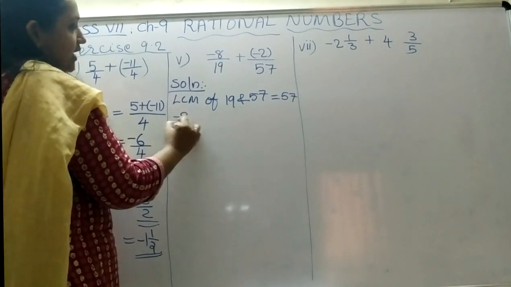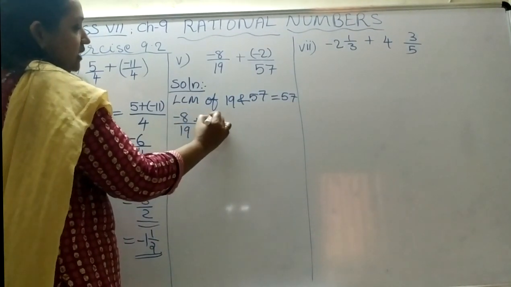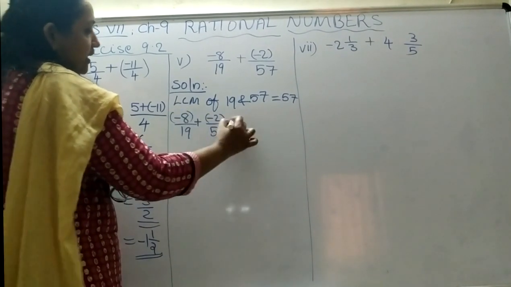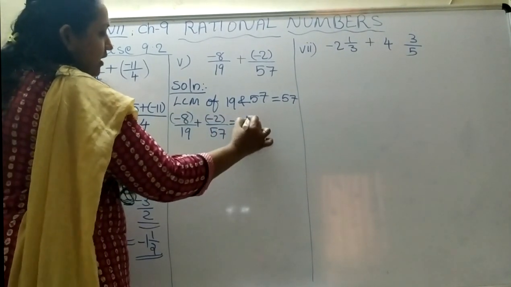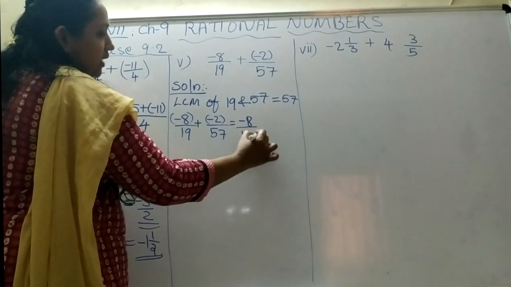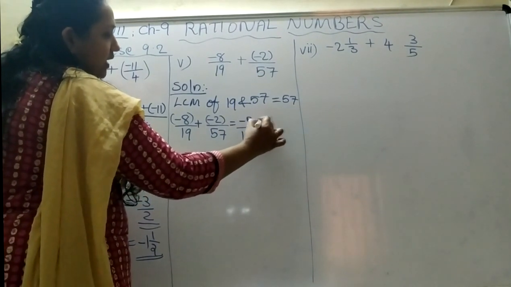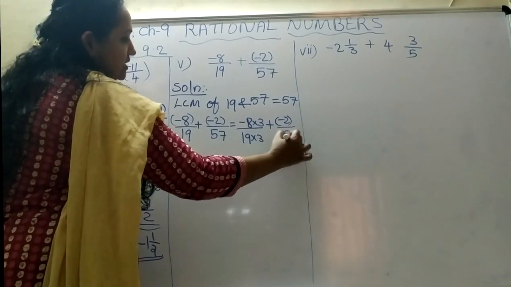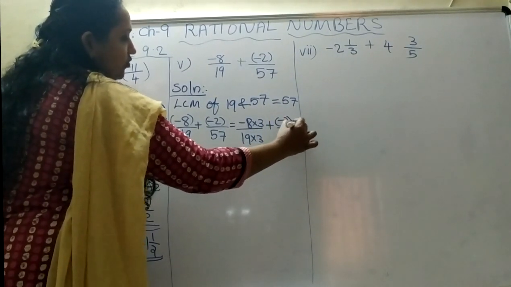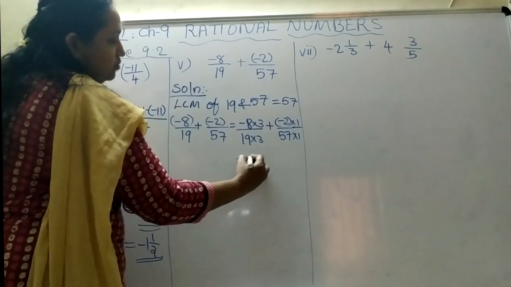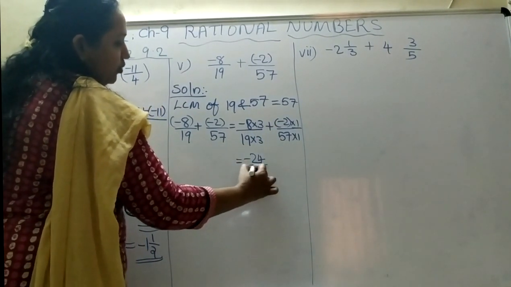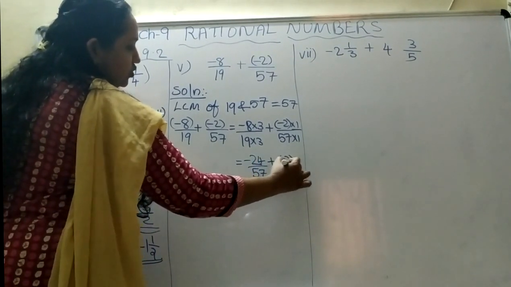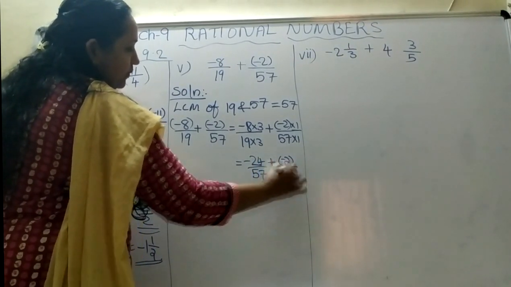So minus 8 upon 19 plus minus 2 upon 57 can be written as minus 8 upon 19 multiplied by 3 plus minus 2 upon 57 multiplied by 1. It gives minus 24 upon 57 plus minus 2 upon 57.